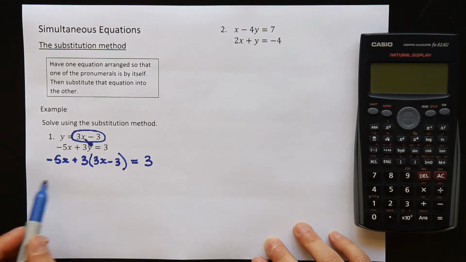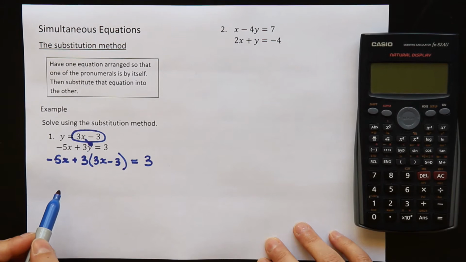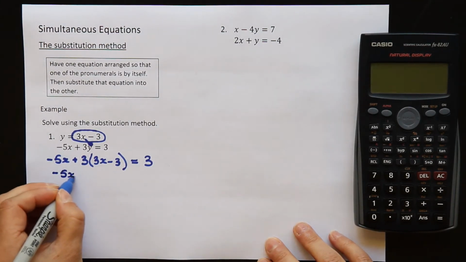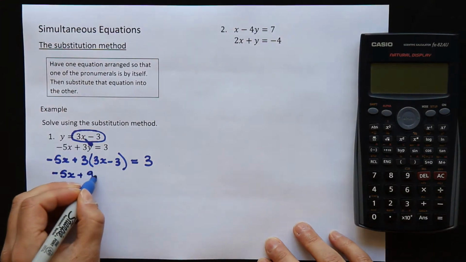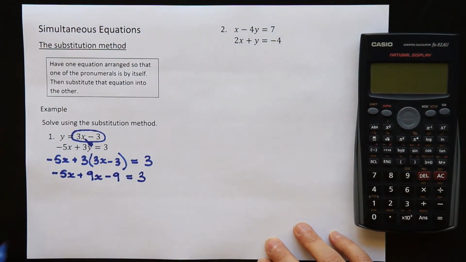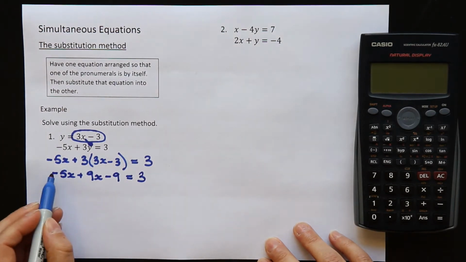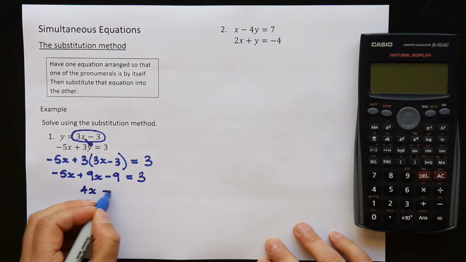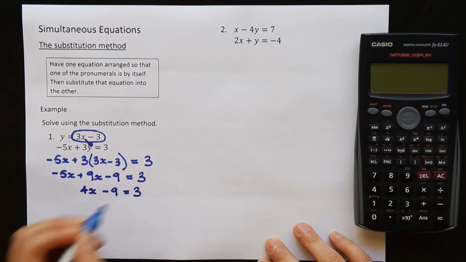Now there is no longer a y in my equation, and I can solve this for x. So let's expand the brackets. Minus 5x plus 9x minus 9 equals 3. Collecting the x's, minus 5 plus 9 is 4x, minus 9 equals 3.